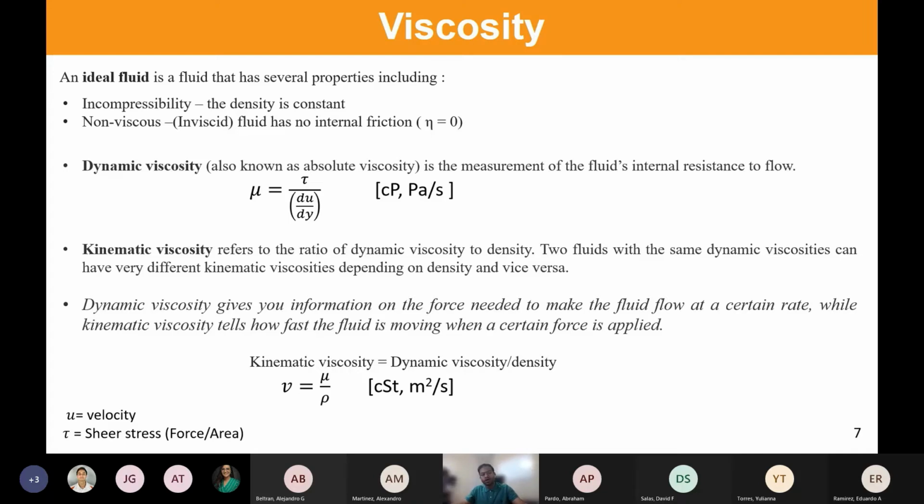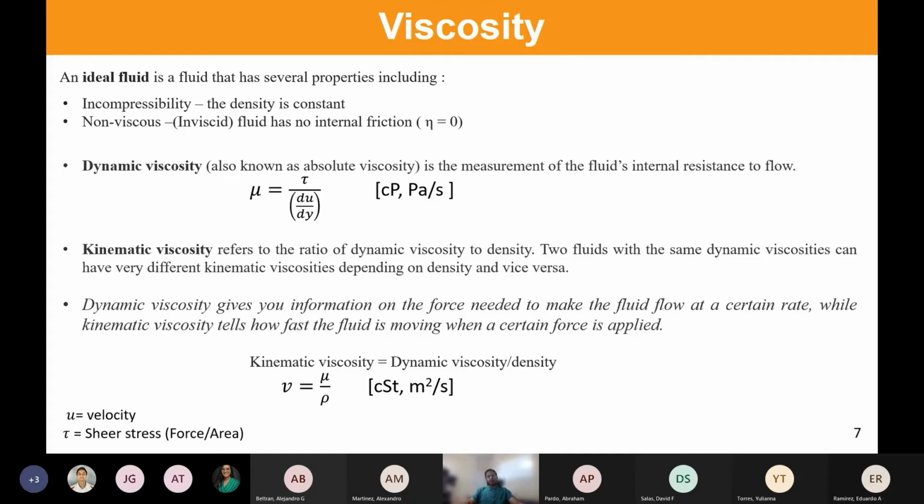So your dynamic viscosity and kinematic viscosity somewhat share similar characteristics or a similar sense of definition, but in reality there is a difference.